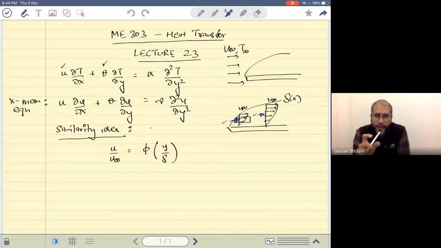Okay, so the ratio of the u value to the maximum u value, which is at the top, is simply a function of the ratio of the y value to the thickness of the boundary layer for that x value. Okay, so this is called the similarity idea, and this is the idea that is used to obtain the analytical solution for the velocity in the boundary layer region.